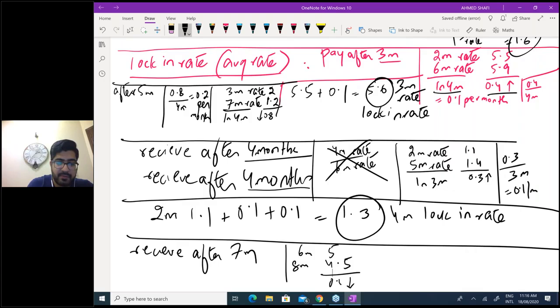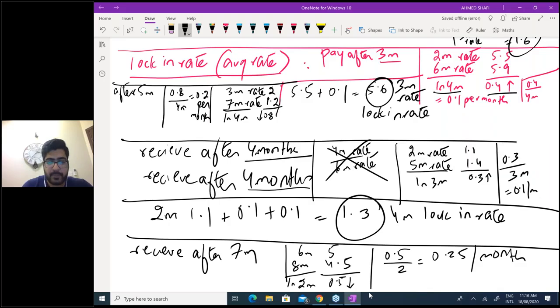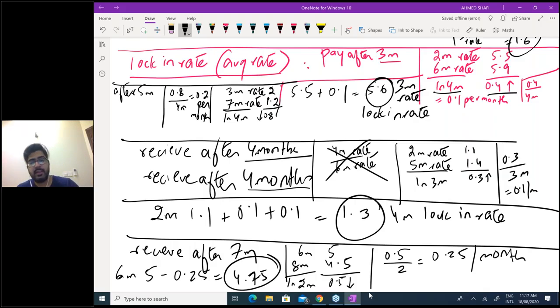It's falling by 0.5 in 2 months, so 0.25 per month. Take the 6-month rate, it's 5. You want to go one more month, to 7 months, it's declining by 0.25. So deduct 0.25, 4.75, sorry. This is the lock-in rate. You need to find expected receipts or payments using this lock-in rate and the number of contracts.